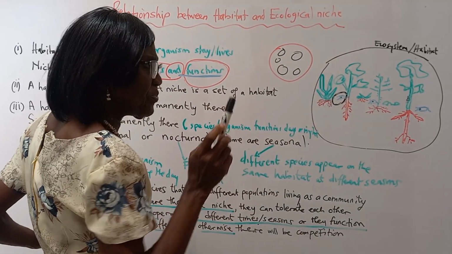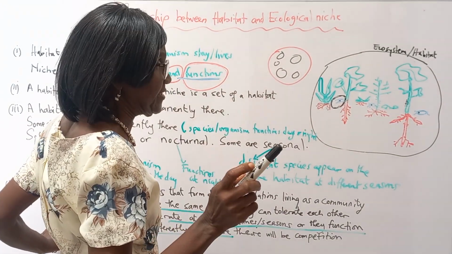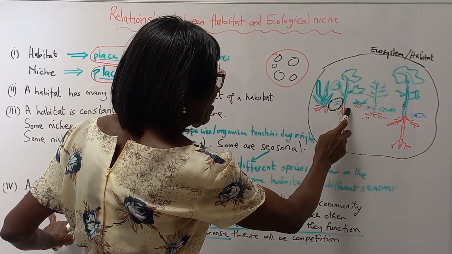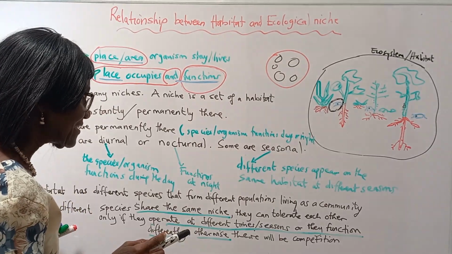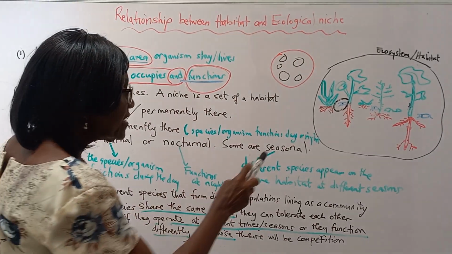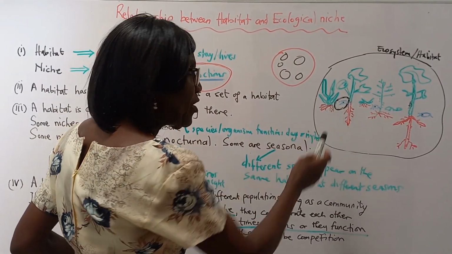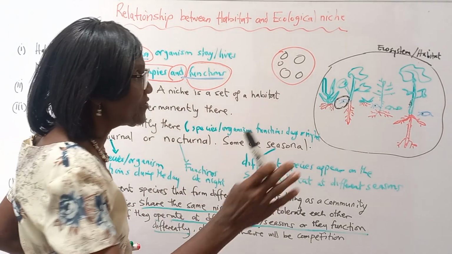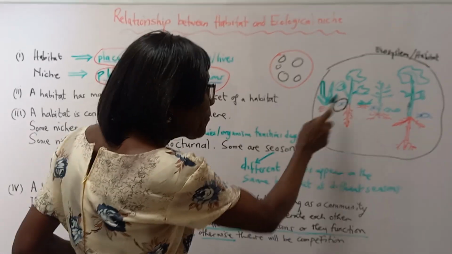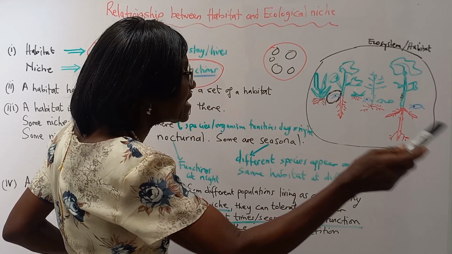Now, if species share a niche, like if there's a plant here and there's another plant here, they are sharing a niche, it means that the organisms can tolerate each other because they share the same niche, but they function at different times of the day. Some are nocturnal, some are diurnal. They can occupy the same niche at different times of the day.